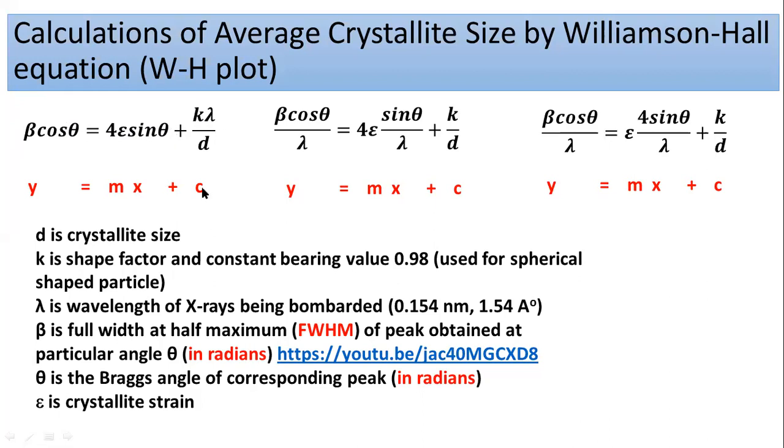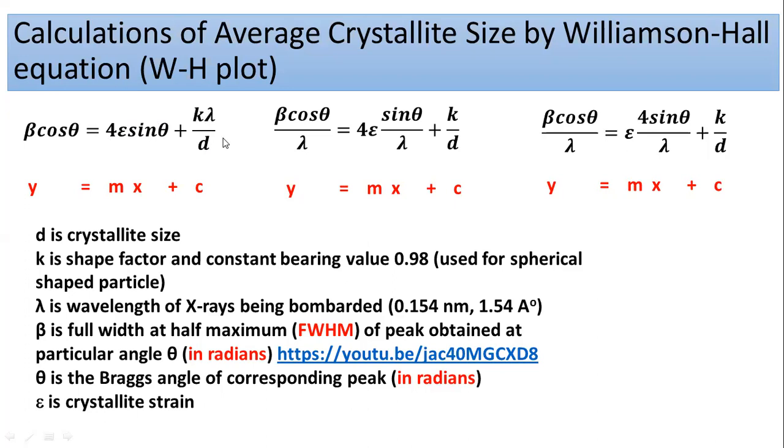And k again has been explained over here, lambda and the D, and this we are going to calculate, that is the crystallite size, by using this equation. That means this is the x, and this would be the m, and k lambda over D would be the intercept, and these two are the constants.